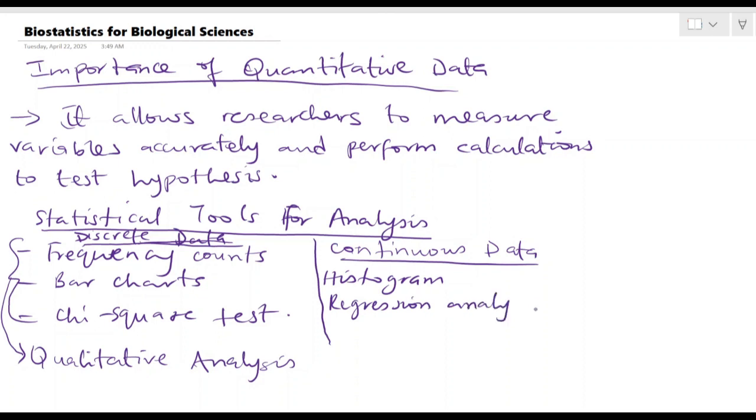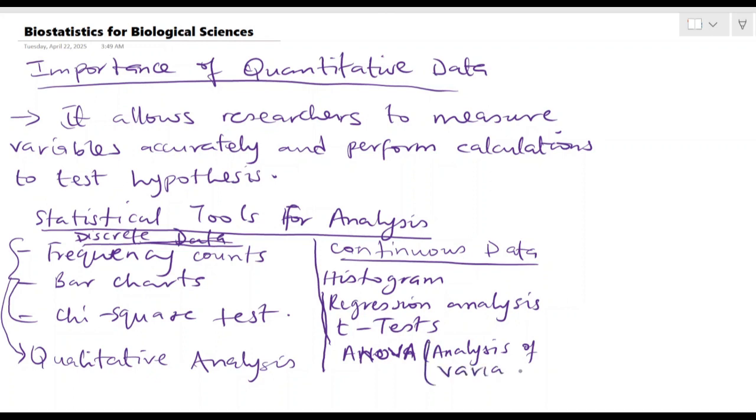Then you also have the t-test. You can also use ANOVA, analysis of variance.